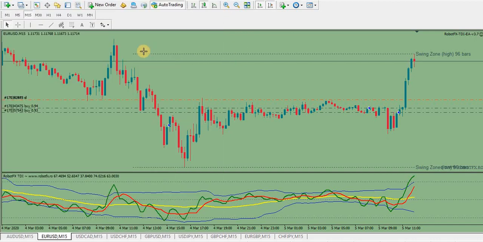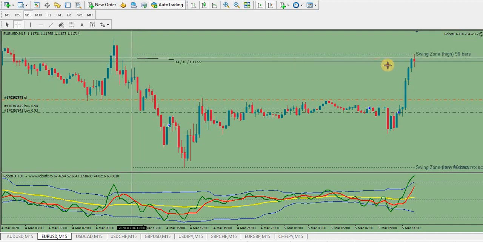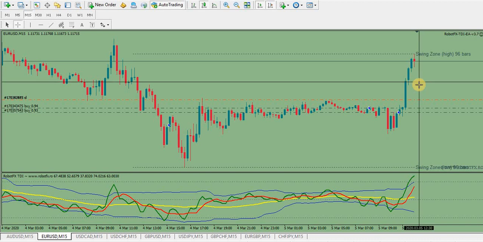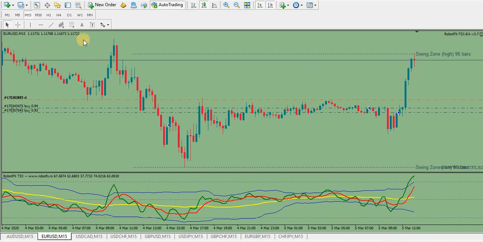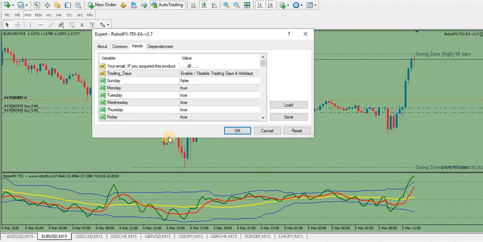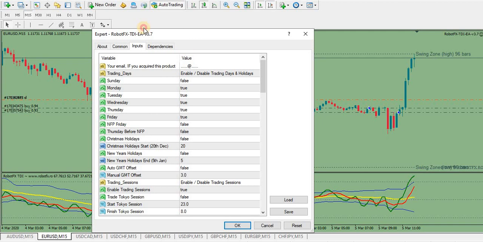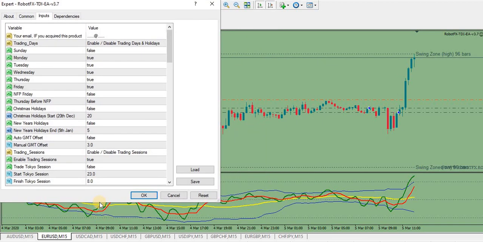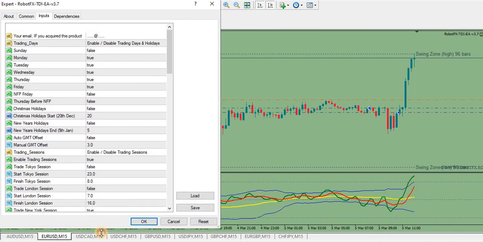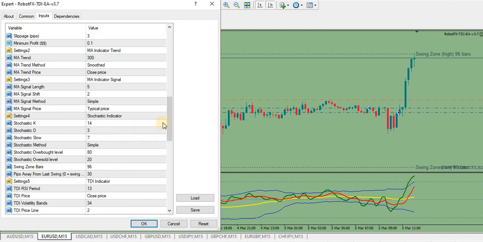Let's see it. That means that from here to here, for this period of time, 96 bars, starting from the current time and going back, right? The expert advisor, I don't know why this always starts in a minimized window, and I should click OK.